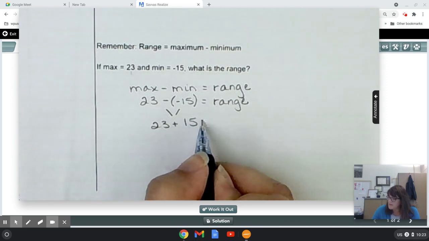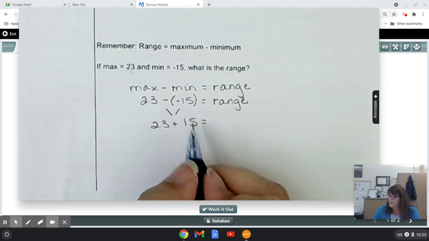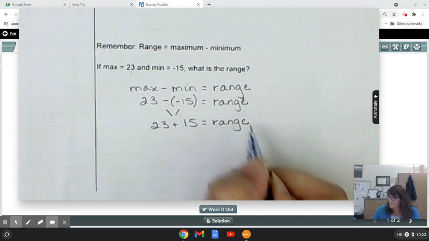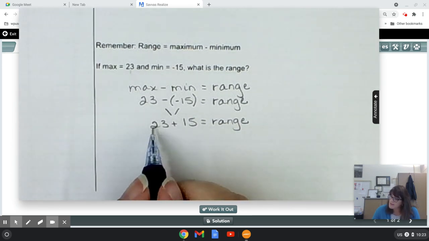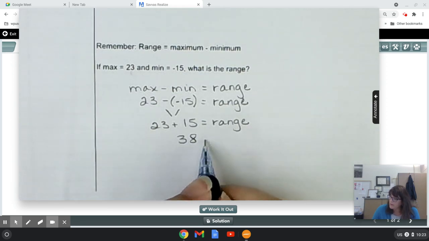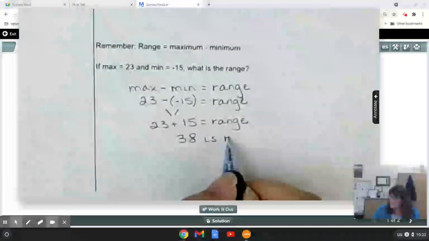So we're practicing with the application of these tools. Okay, so it looks like I have a range of 38.